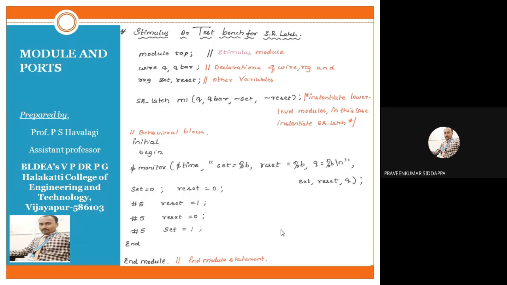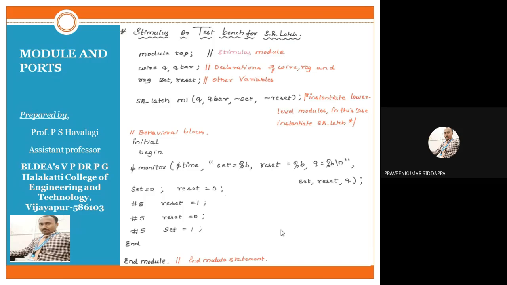Next, the line after that is optional. Optional means you can write it, or otherwise you can leave it, no problem. For what purpose have we written the next line? We have already studied that. That is a system task, so it starts with a dollar sign.